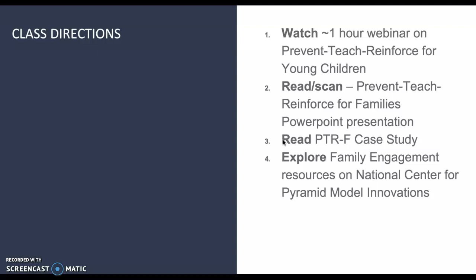It's a pretty interactive, engaging case study, and you'll also see all the forms that are utilized and completed as part of that. So then your last step will be to explore, I put on a website link, the family engagement resources on the National Center for Pyramid Model Innovations. And there's some directions about exploring that, some things to consider, thinking about how you would utilize that in the context of coaching in the home or community.